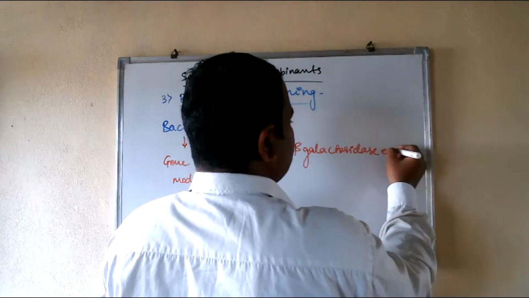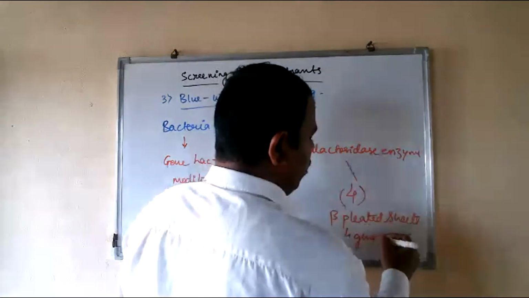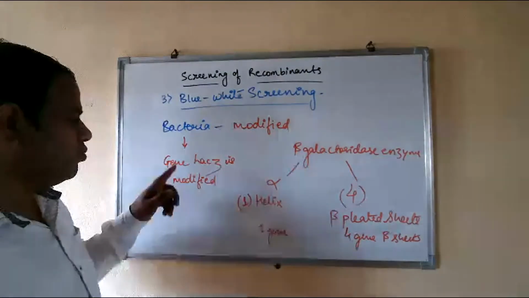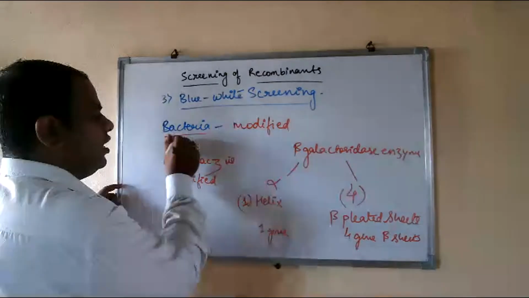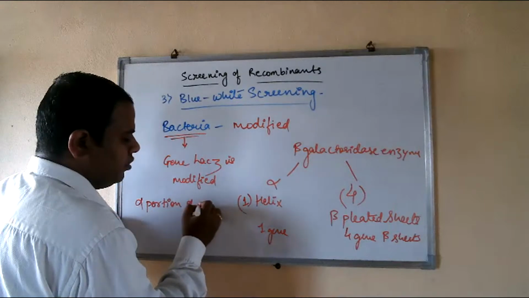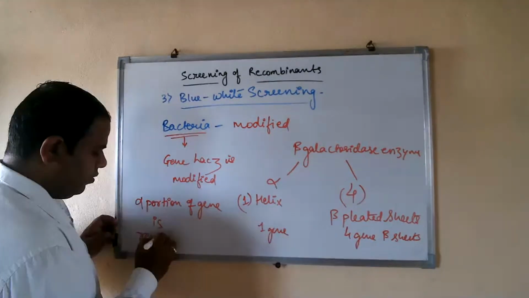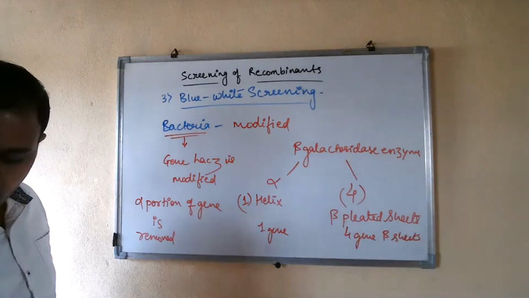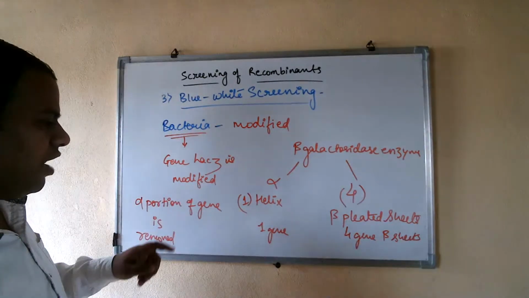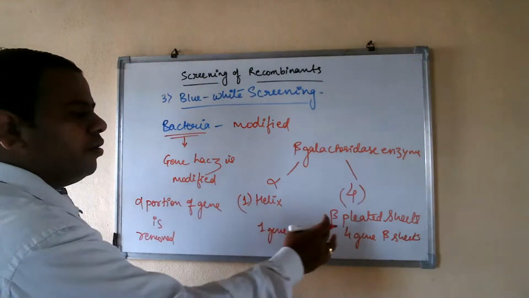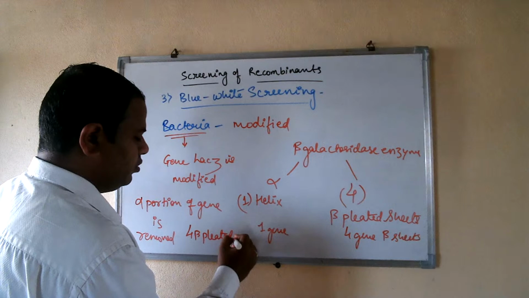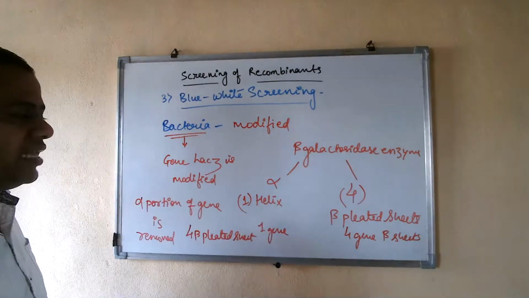You know the gene for beta galactosidase. In this modified bacteria, the alpha portion of the gene is removed. Only the alpha portion is removed here, remember. So when you remove the alpha portion, only the omega portion of the gene is remaining here. These are called modified bacteria.